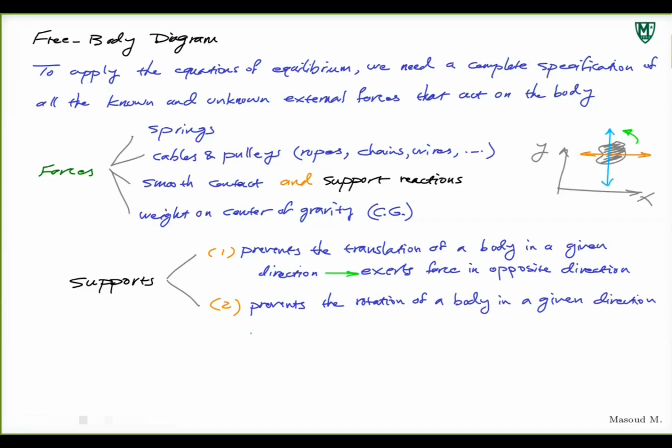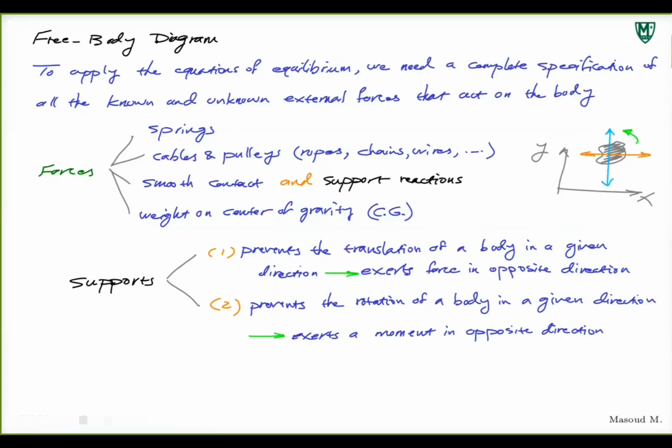That means if you remove that, the way we were dealing with translation, expand it to rotation. Now that we are dealing with rigid bodies, we have to take rotation into account. So that exerts a moment in the opposite direction. Expanding the same concept.